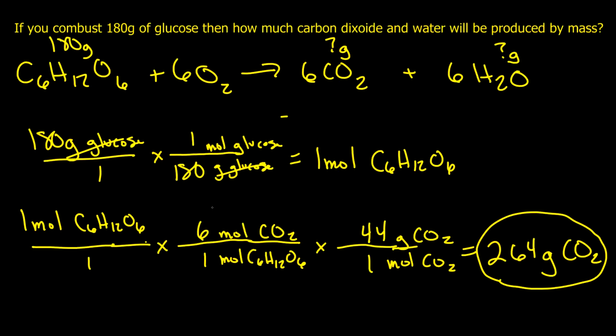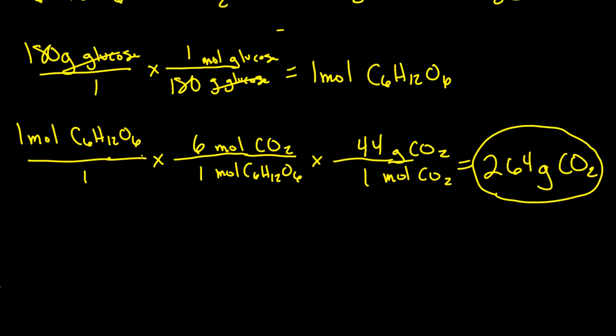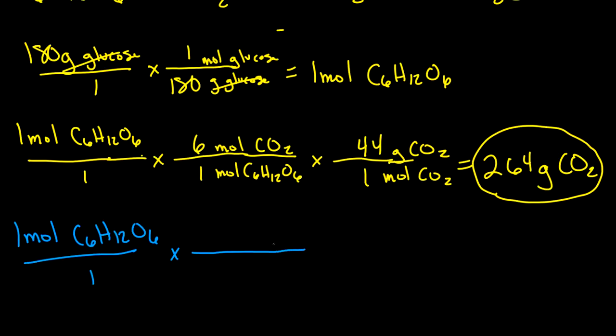Let's do the next one. Give myself a little bit more room here, so I'm doing water next. So I got 1 mole of that glucose still, and I'm going to change it to grams of water. Well, got to set up my ratio again. So moles of glucose is going to be on bottom.